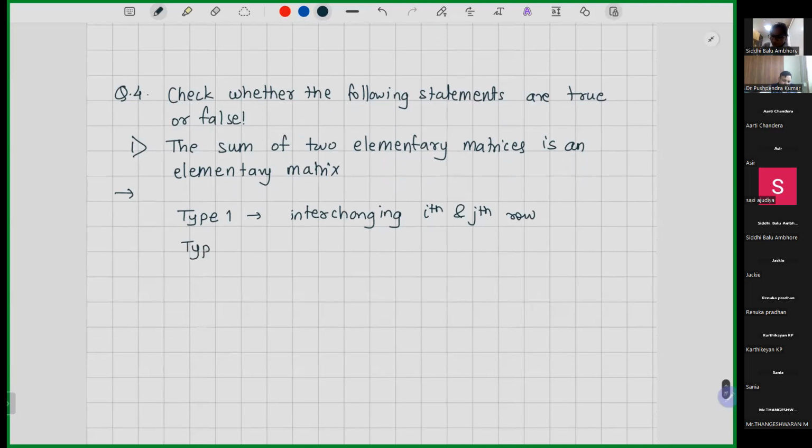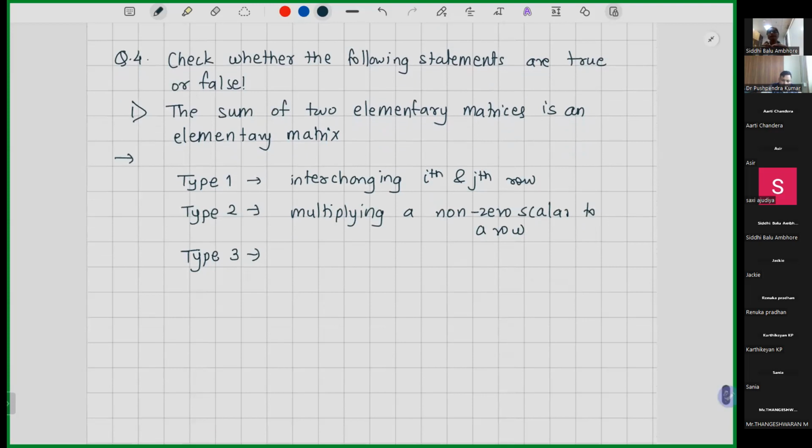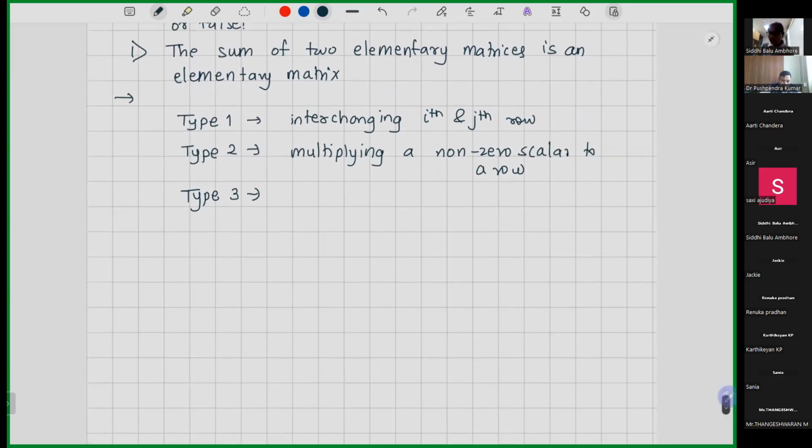Type 2 is by multiplying a non-zero scalar to a row. Here non-zero is important. And type 3 is obtained by adding a scalar multiple of the ith row to the jth row. Okay, so these are the three types of elementary matrices.